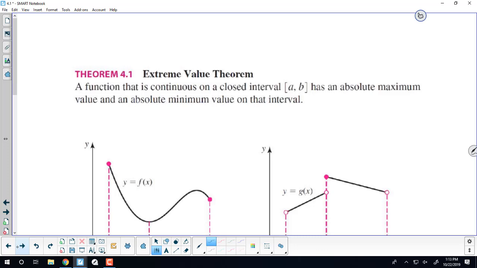Remember, when you describe these things, there are two ways to describe it. If they're asking for the extreme value at a location, then we give them the x value. But if they want to know what the maximum value or the minimum value is, then that's the y value.